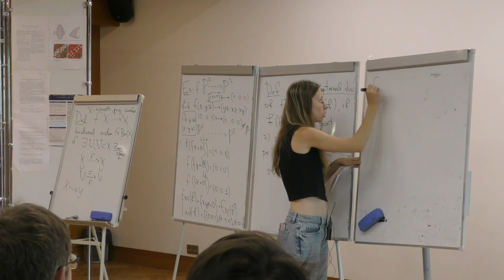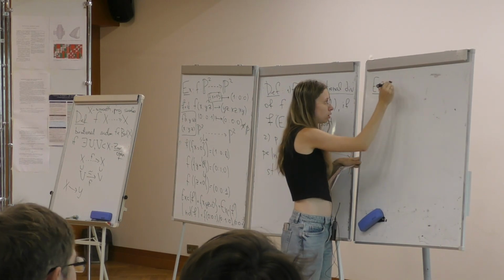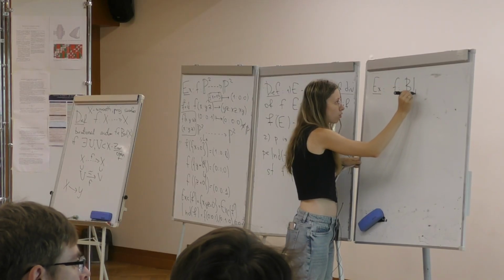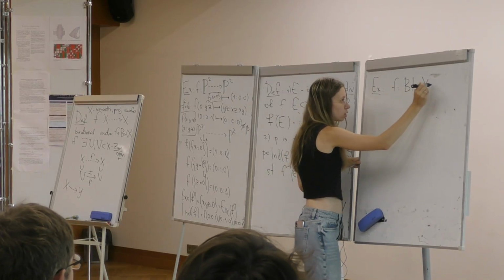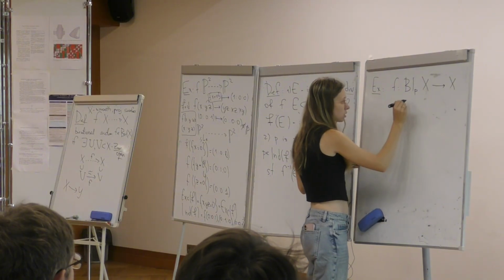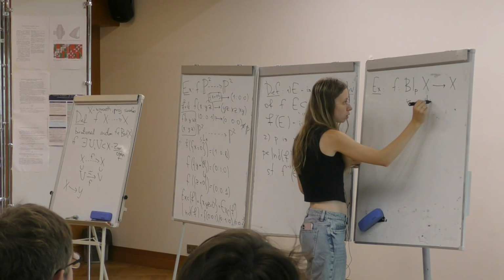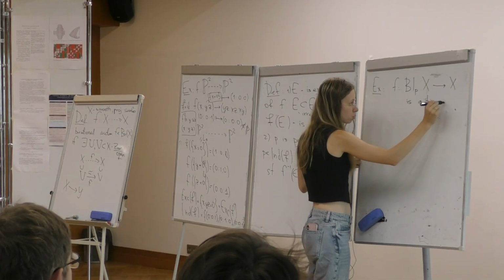So, for example, f from the blow-up of a point of X to X is a birational morphism.